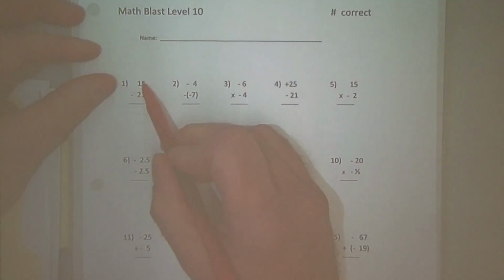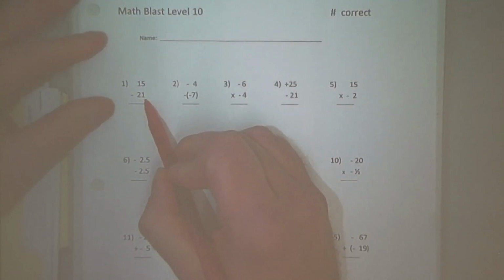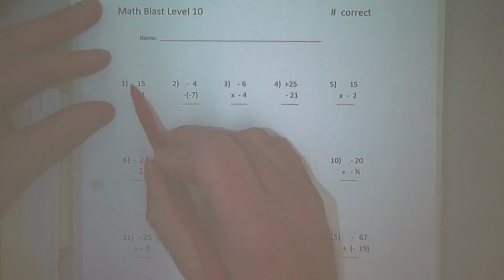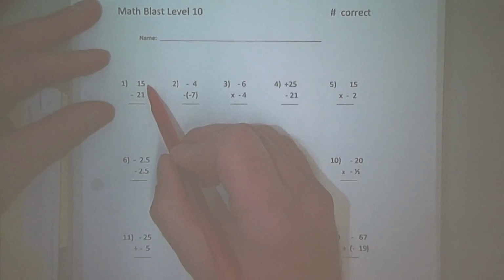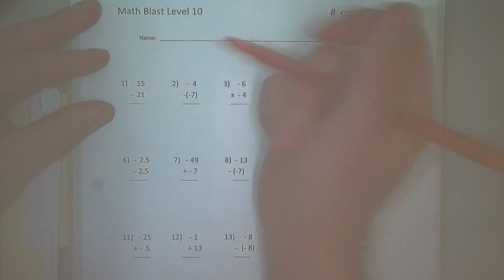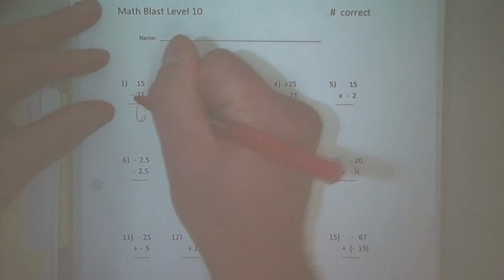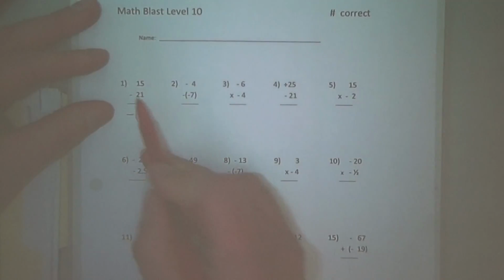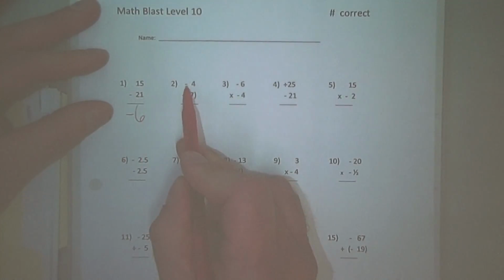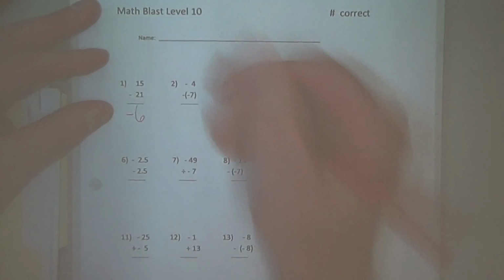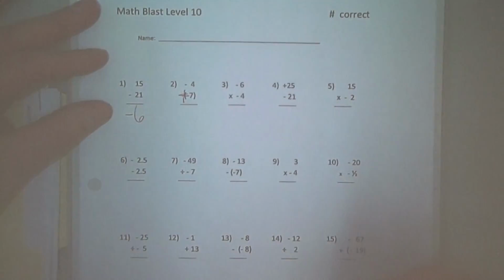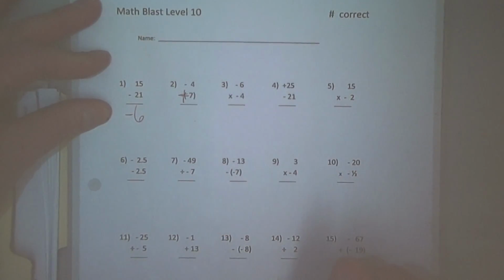So when we have a 15 minus 21, what I do in my head is, since they're different sides, I subtract. So 21 minus 15, the difference between the two is 6, and the bigger number is a negative, so it becomes a negative 6. Negative 4 minus a negative 7 turns into a plus 7.